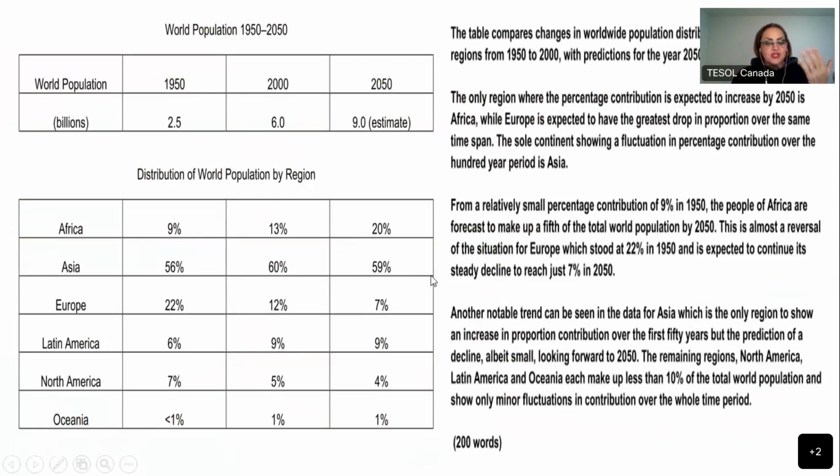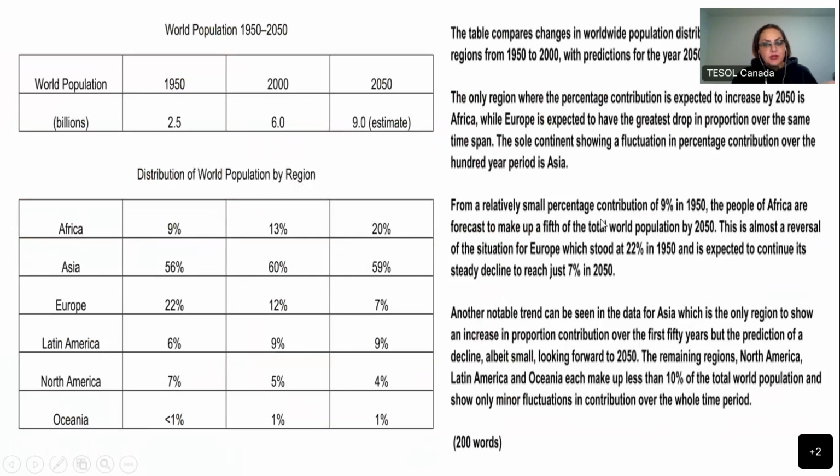What's next is you start to compare different data. For example, you can compare Africa to Europe, Latin America, North America, Oceania. And then you say, what about world population in 1950, 2000, or 2050? Good.